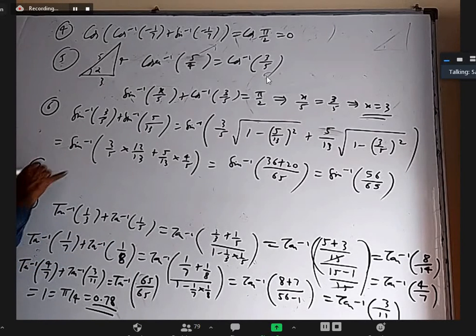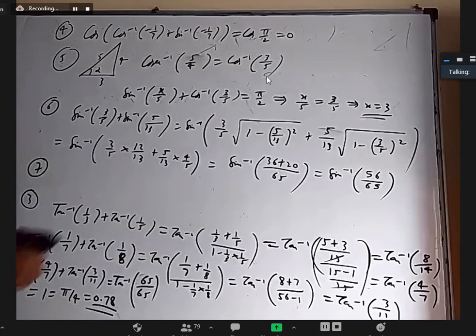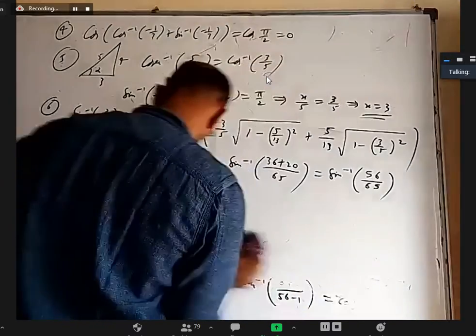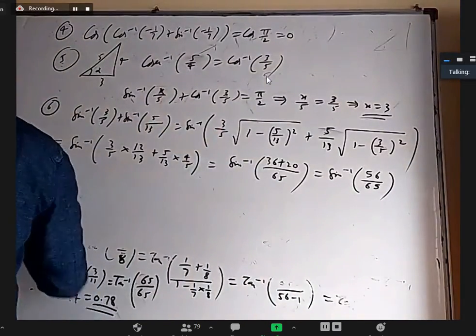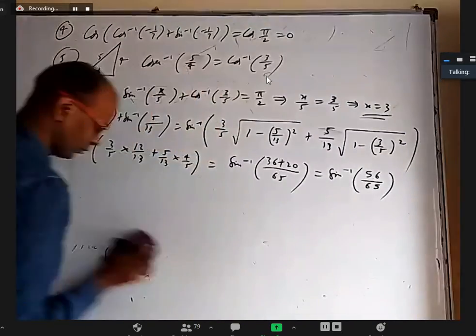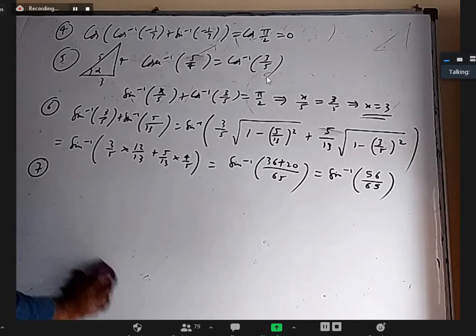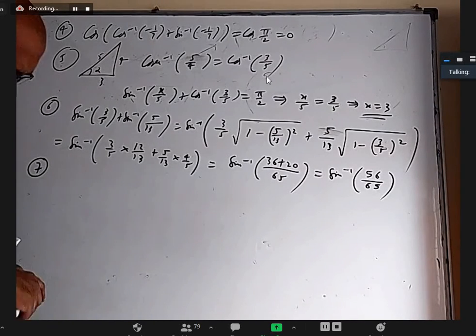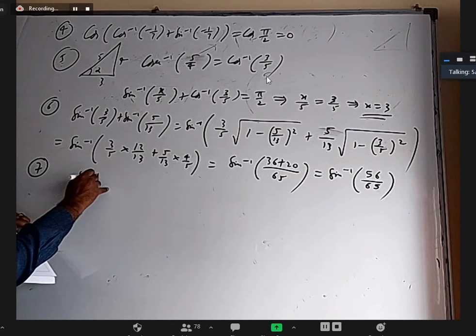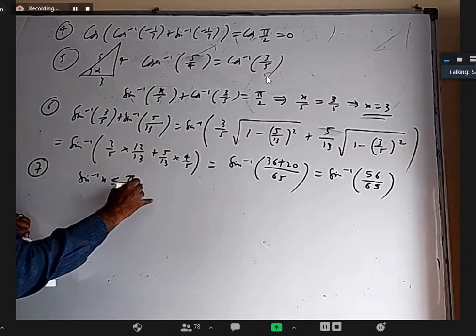Seventh question is again based on the extreme values that we had done a few questions ago. We know very well that sin inverse x is less than or equal to pi by 2.